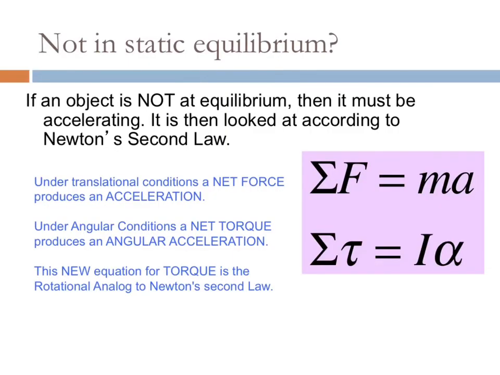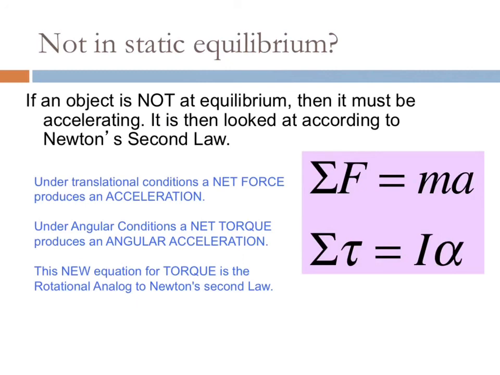Now something we've been hinting at the entire time is that if torque is analogous to force, well then the sum of the forces, which is equal to mass times the linear acceleration, is going to have a rotational component too. In this case, the sum of the torques is equal to moment of inertia times angular acceleration.